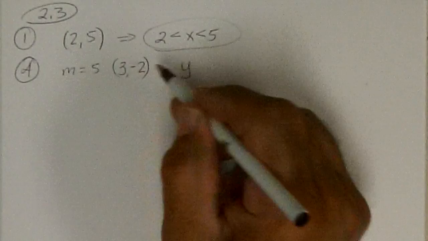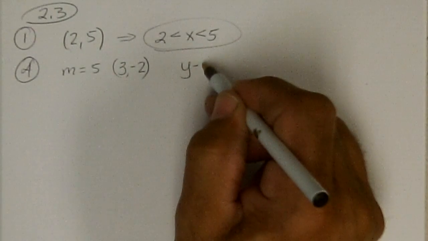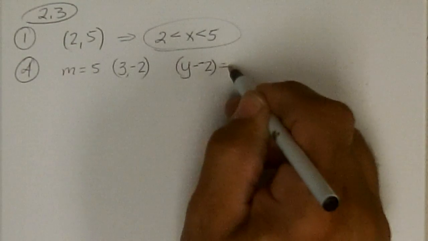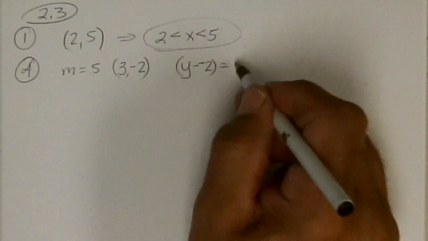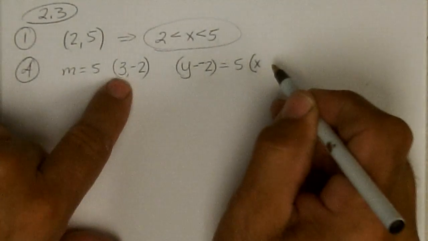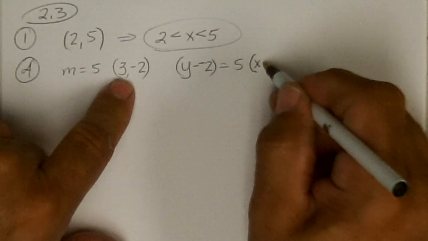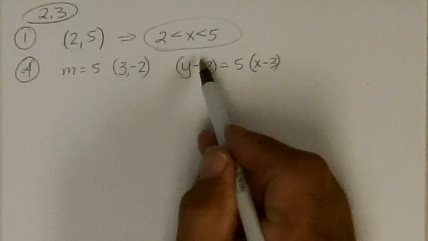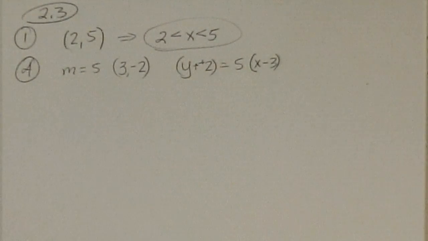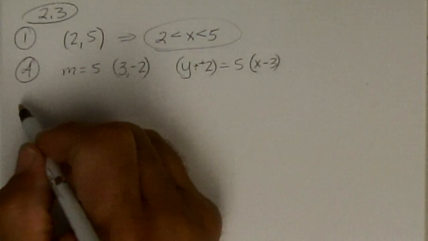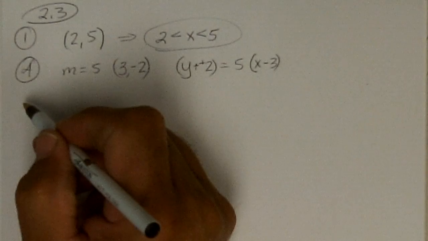So y minus y1, which would be minus -2, equals m, which is 5, times x minus x1, which is 3, and that would be the point slope. This we would change to plus a positive 2. So it's y plus 2 equals 5 times x minus 3. And that's the point slope form.